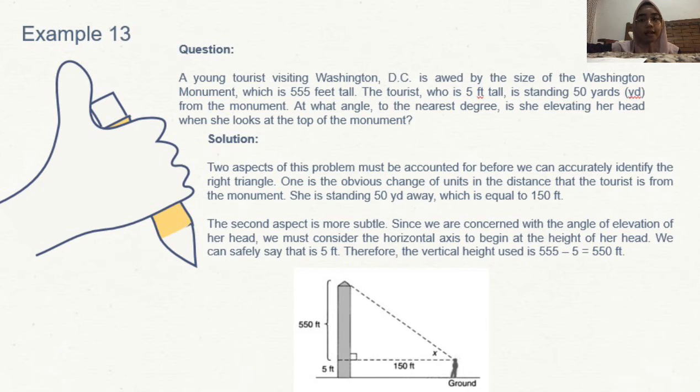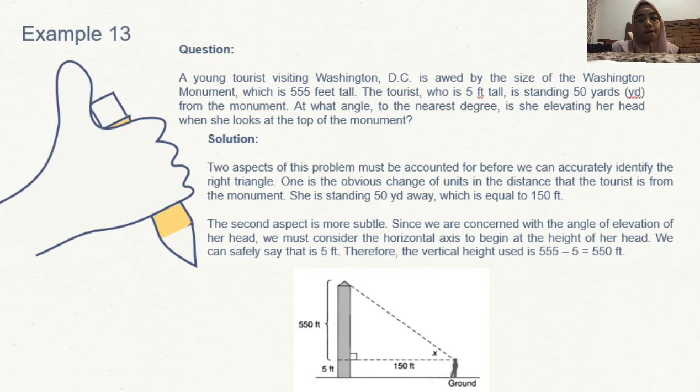She is standing 50 yards away, which is equal to 150 feet. The second aspect is more subtle, since we are concerned with the angle of elevation of her head. We must consider the horizontal axis to begin at the height of her head.